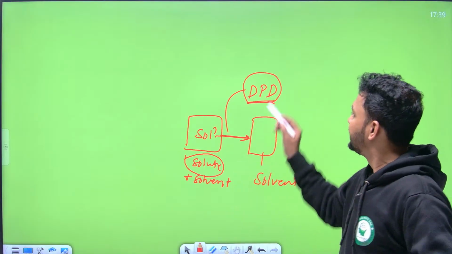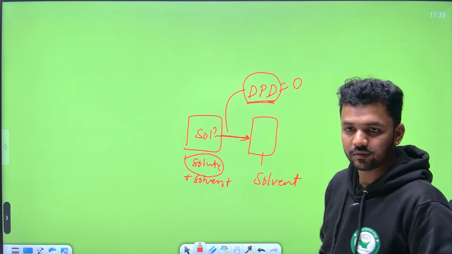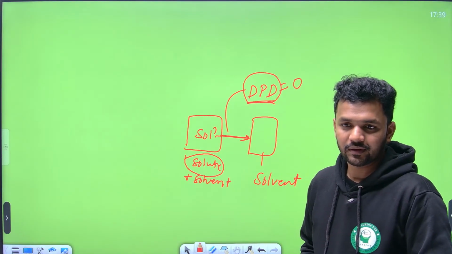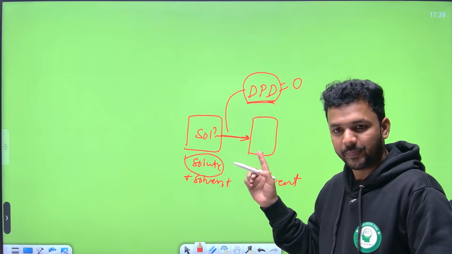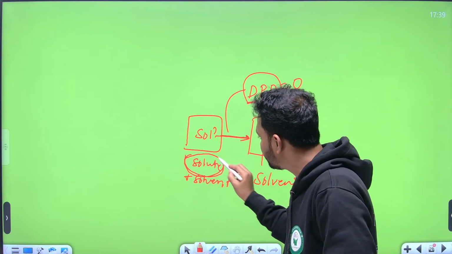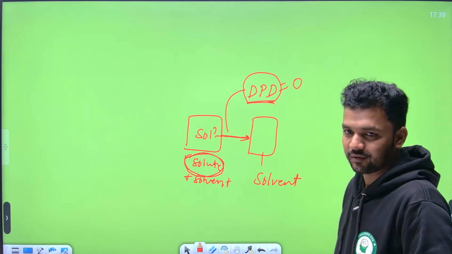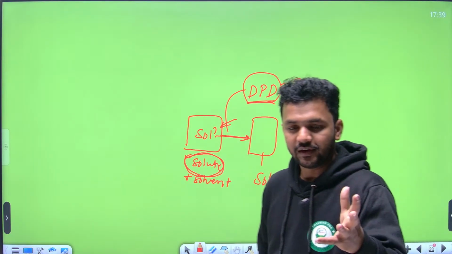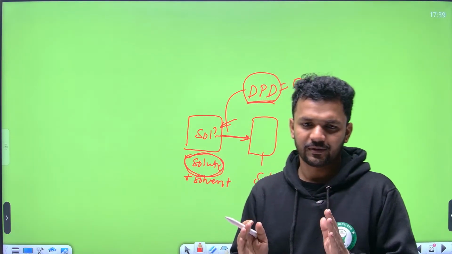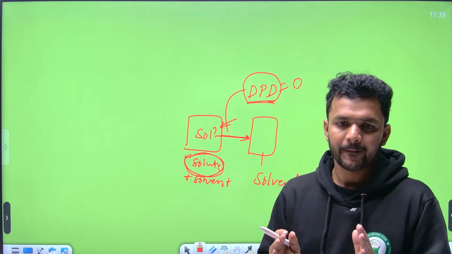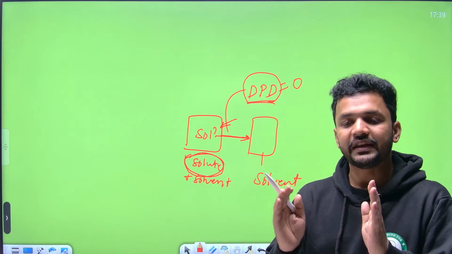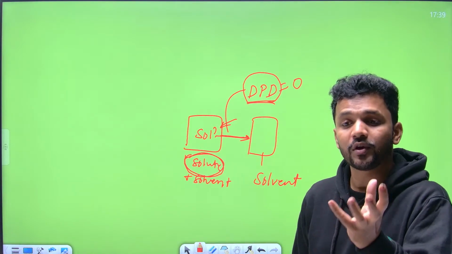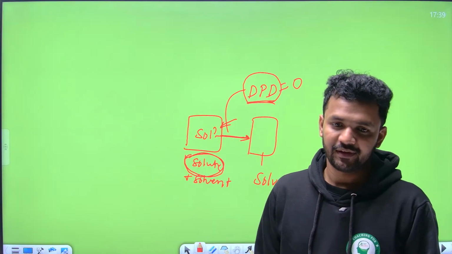Until the DPD becomes 0. So DPD depends upon the solute concentration and also the wall pressure. In some cells the walls are very rigid, and in some cells the walls are very flexible.